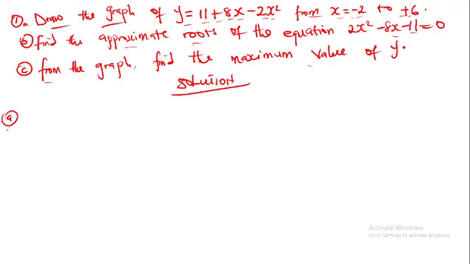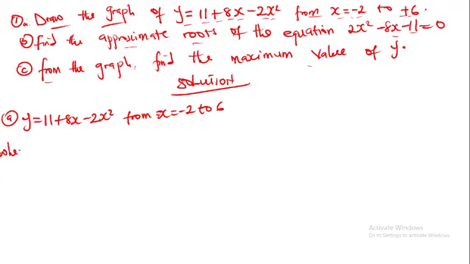For A, we have to draw the graph of y equal to 11 plus 8x minus 2x squared from x equal to minus 2 to 6. So we start by substituting the value of x in this equation from minus 2 until we get to 6. Let us start.